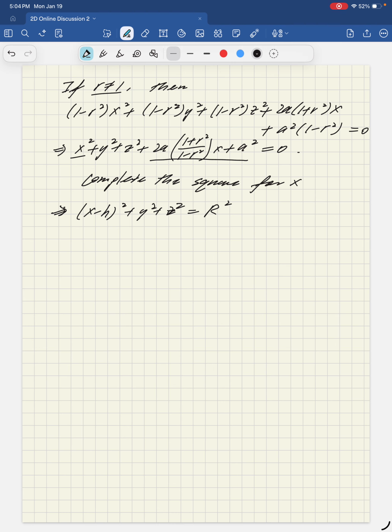What exactly h and big R are doesn't matter here, because if you do the completion of the square, we will just get an equation for the sphere. And so this completes the proof.